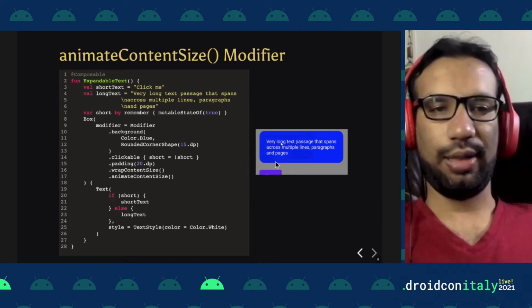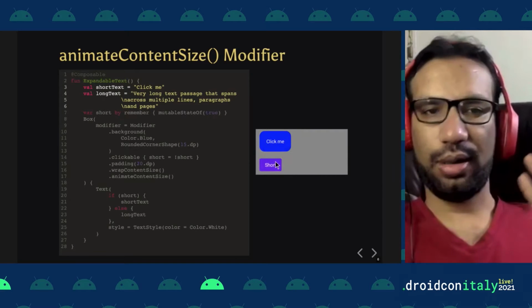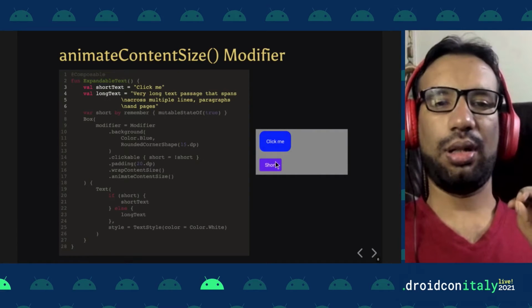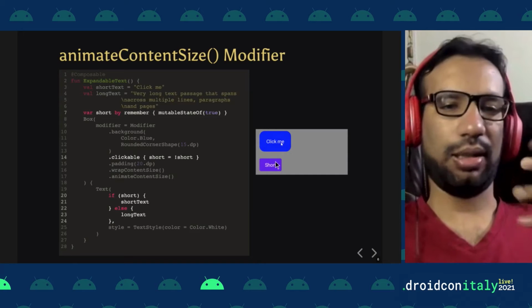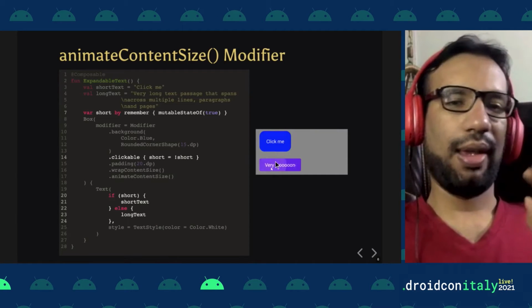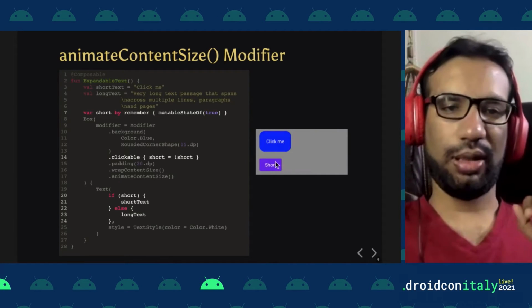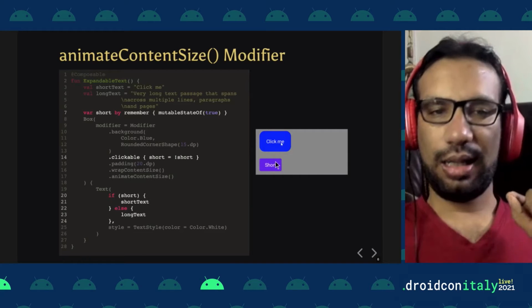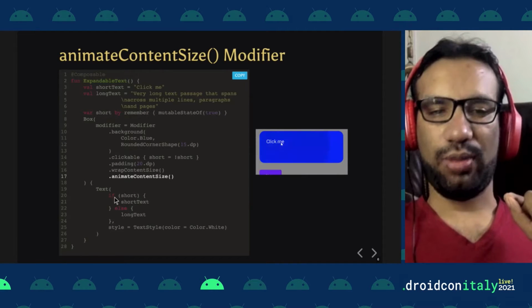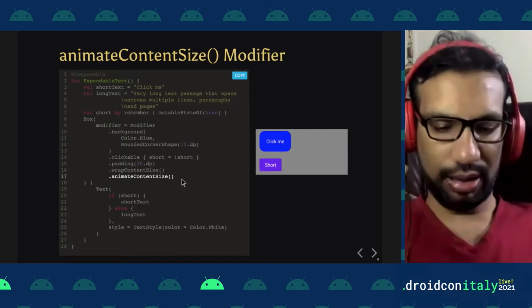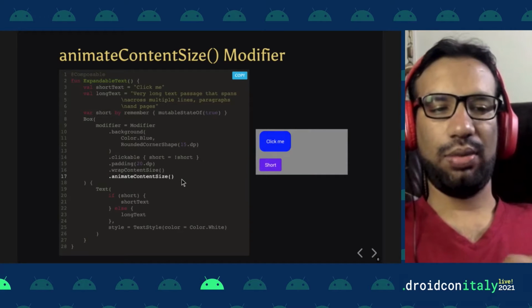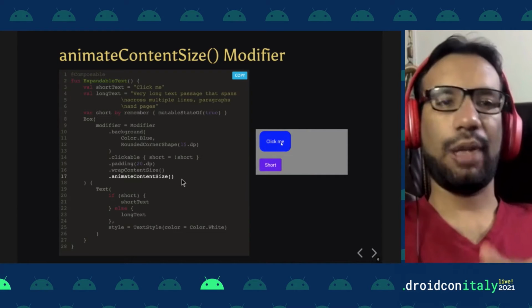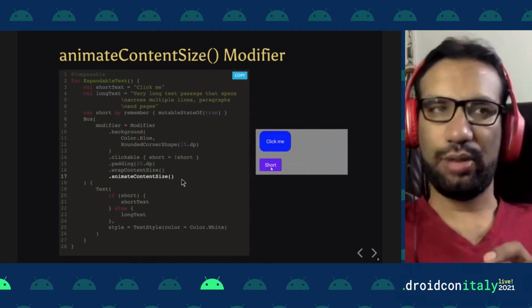Let's start with a simple demo where I have two texts, short and long text, and I'm just flipping the state on click for demo purposes, so that it will convert between short and long. Now all I have to do is add this one, animate content size. It's a modifier, and whenever you add it, Jetpack Compose will do that stuff for you.